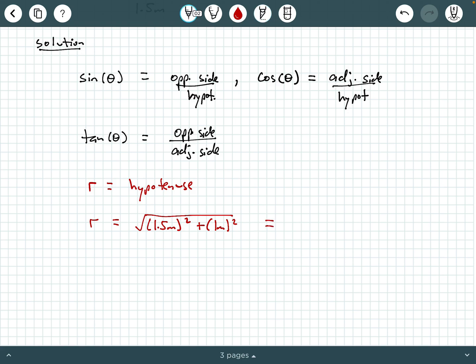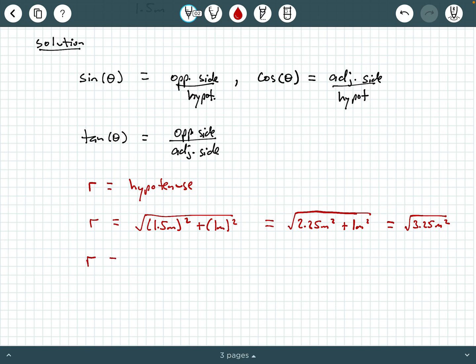So let's go ahead and use a calculator to help us with this. 1.5 squared, of course, is 2.25, okay? And then 1 squared is still 1, so this breaks down to 2.25 meters squared plus 1 meter squared. And then you add those numbers together, and you'll have the square root of 3.25 meters squared.